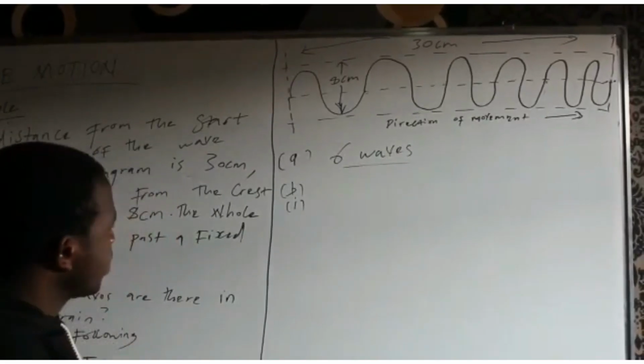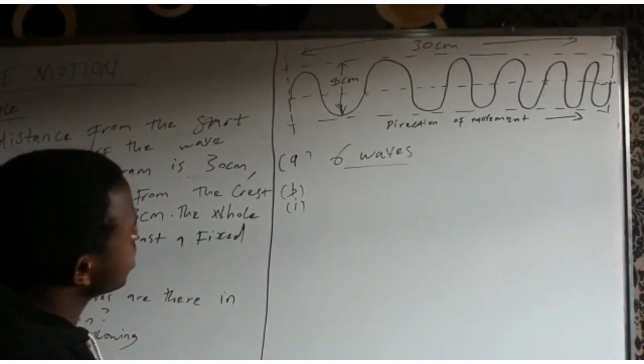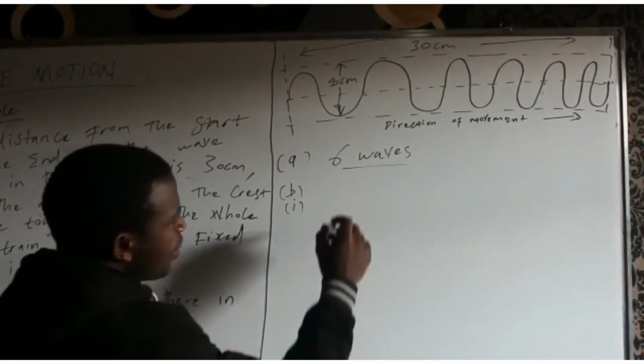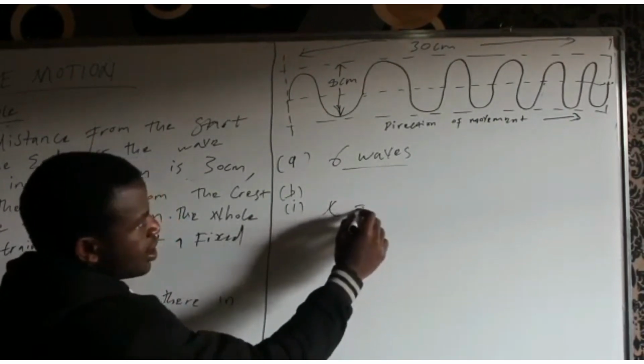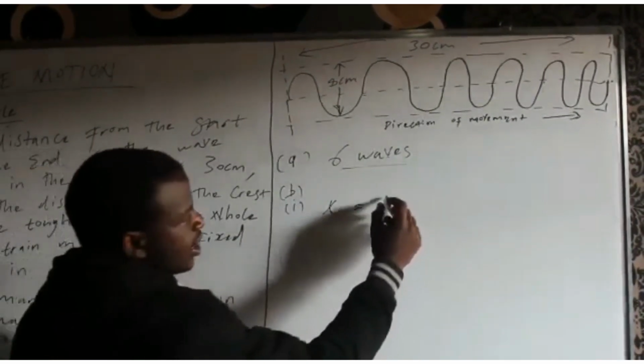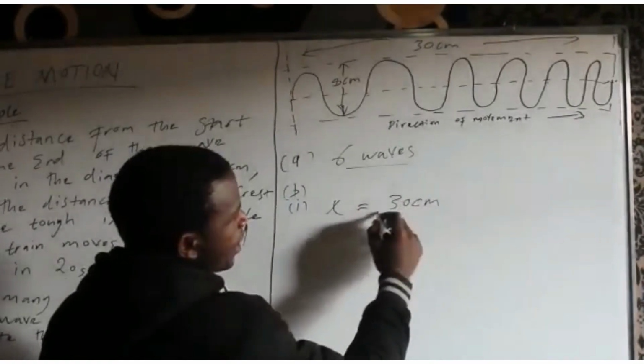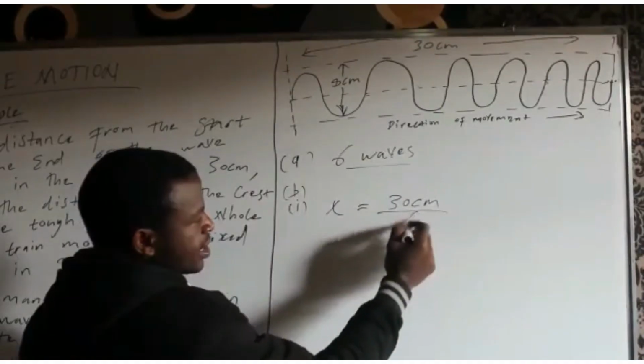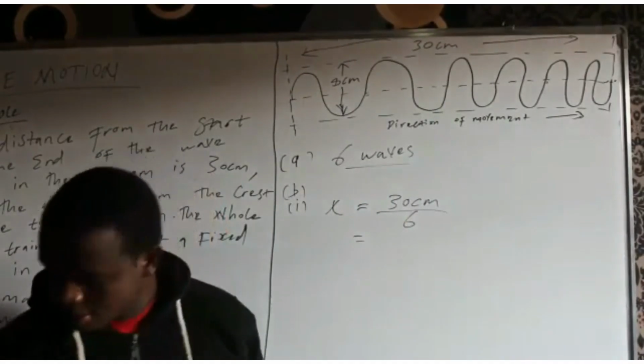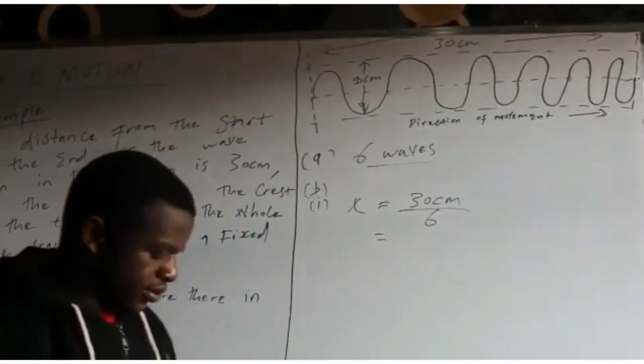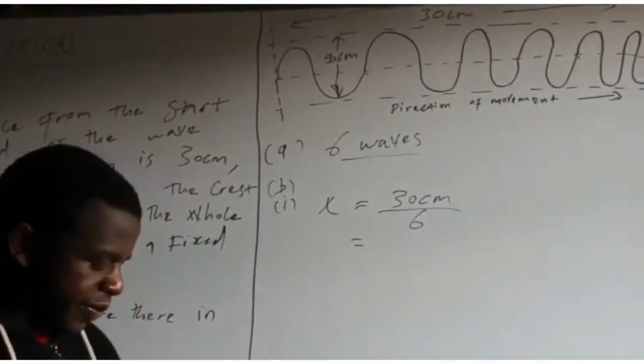I know that the symbol of wavelength is lambda, so lambda is equal to 30 centimeters divided by the number of waves, which is 6. And this is giving me, so 30 divided by 6.